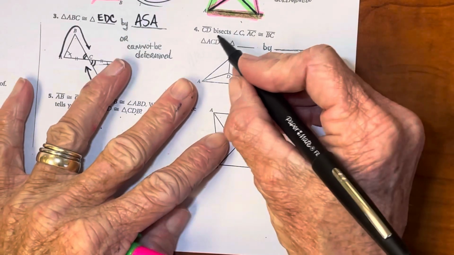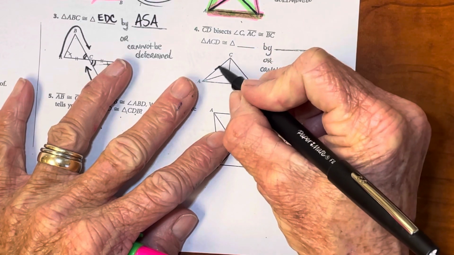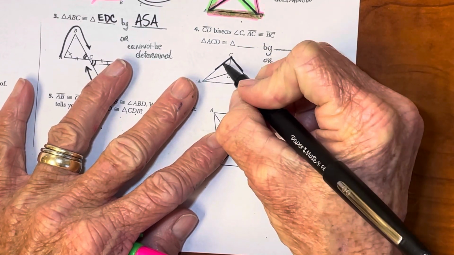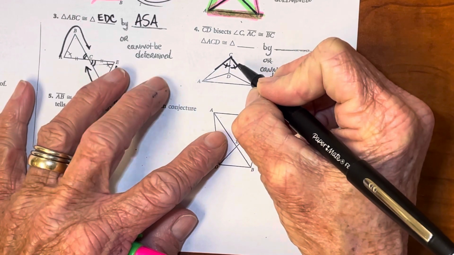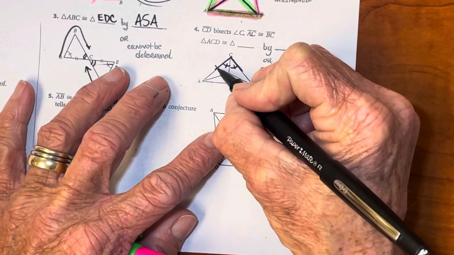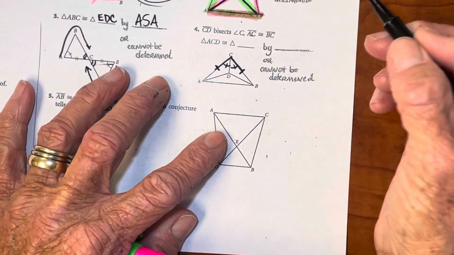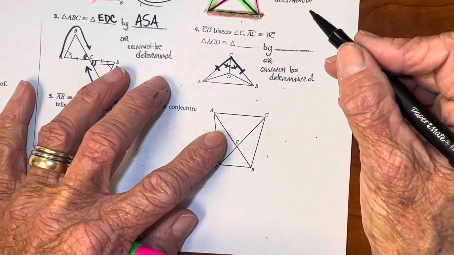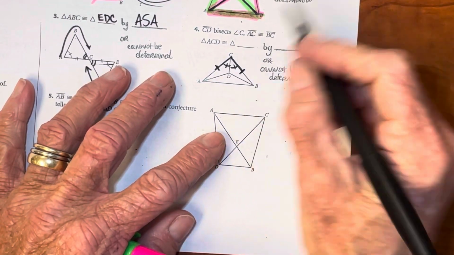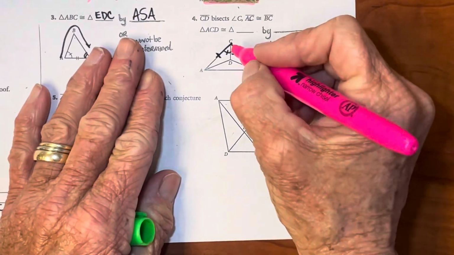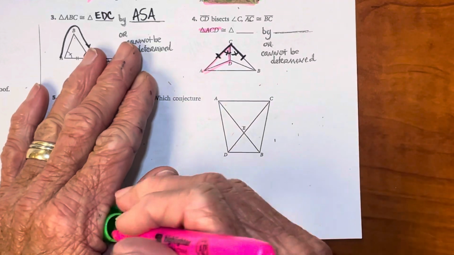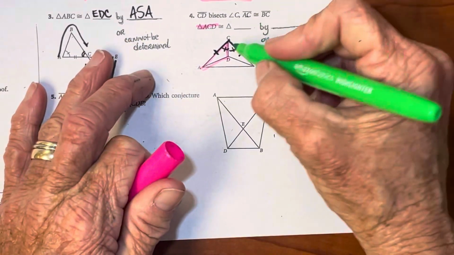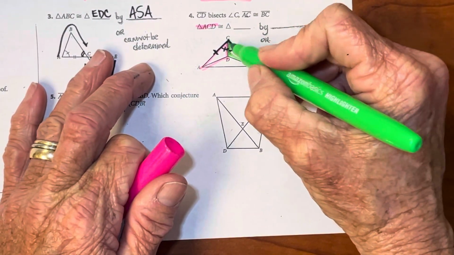In number 4, I know that segment CD bisects this angle up here, so it cuts that angle into two congruent parts. Segment AC is congruent to segment BC. No more given information, but we do know that the two triangles, we're looking at triangle ACD, right? That's the one. And it does indeed share a side with this one.